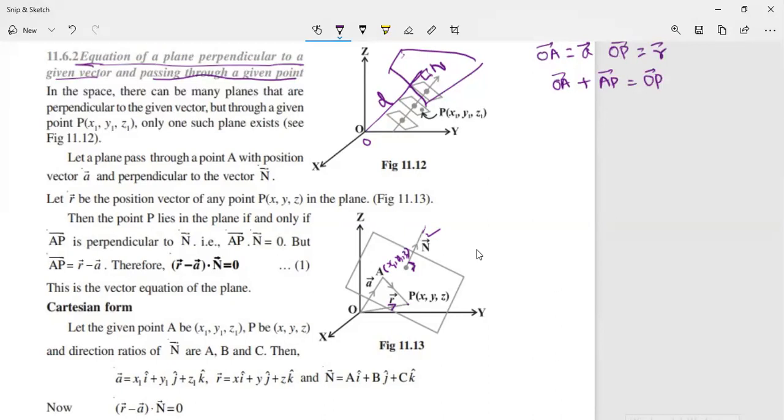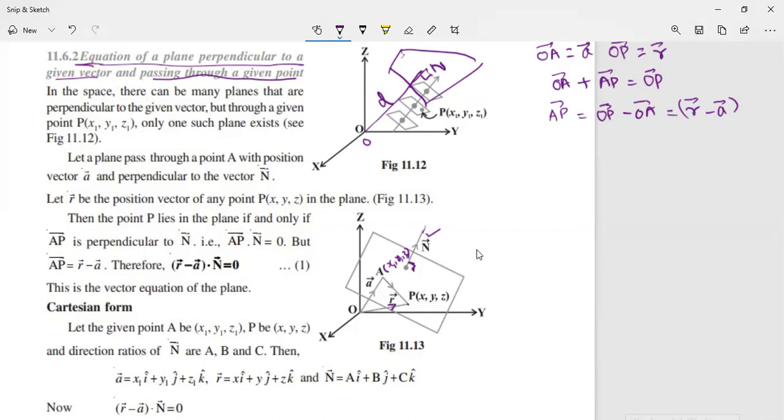AP is the position vector of P minus the position vector of A, I told you before also. The position vector of P is r, the position vector of A is a. So AP is r minus a.